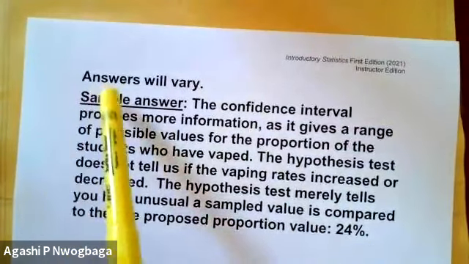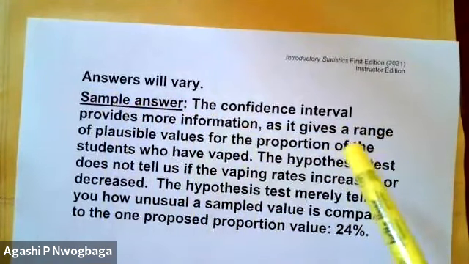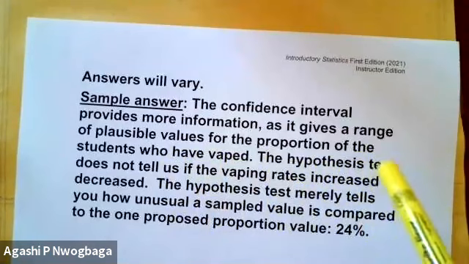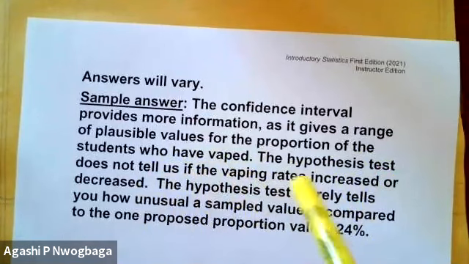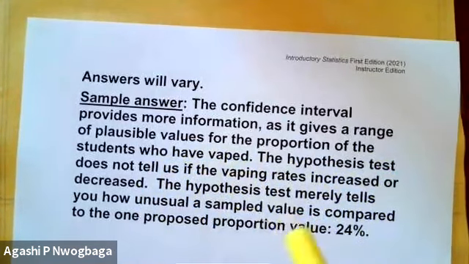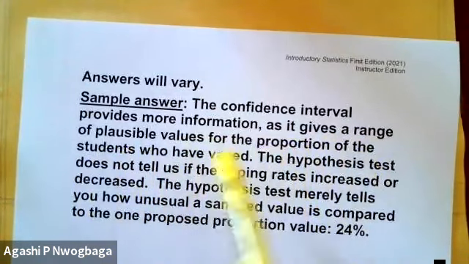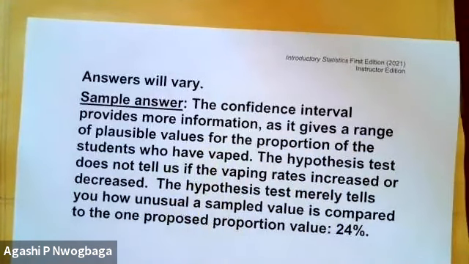The confidence interval provides more information as it gives a range of plausible values for the proportion of the students who have vaped. The hypothesis test does not tell us if the vaping rates increase or decrease. The hypothesis test merely tells you how unusual the sampled value is compared to the one proposed proportion value, 24%. But the confidence interval gives us a range of possible values. So the confidence interval provides more information.